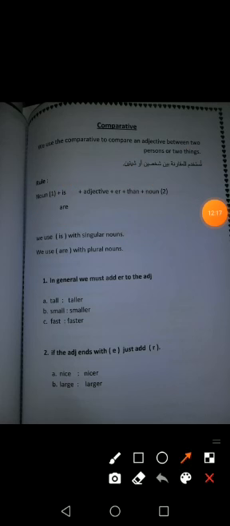Okay, student? So, look. Short adjectives: taller, smaller, faster. We add er. And for an adjective that ends with e, we add just r. Nice, nicer. We add just r because we have e at the end of the adjective. And if the adjective ends with y, like happy, we change y to i.